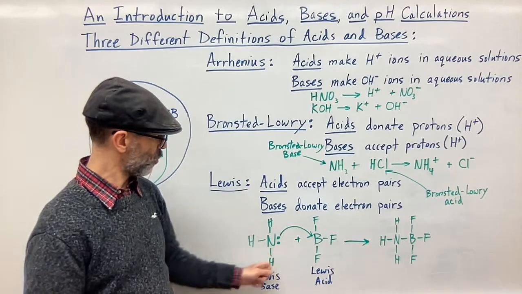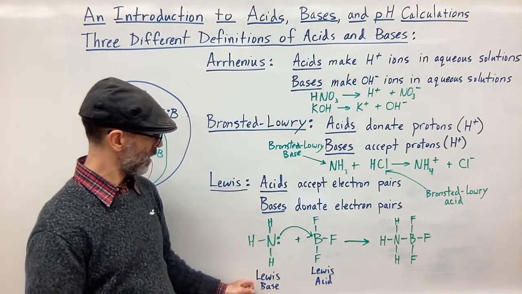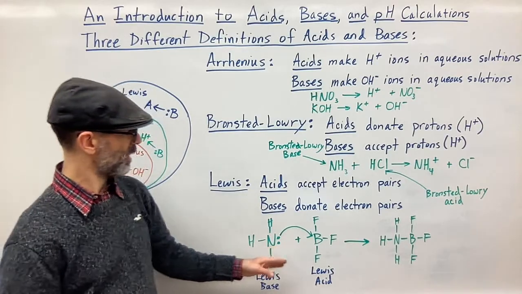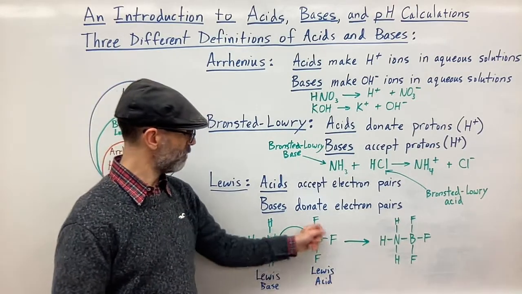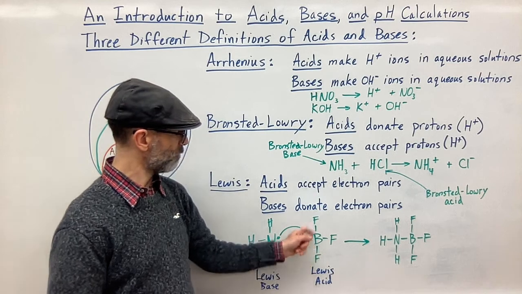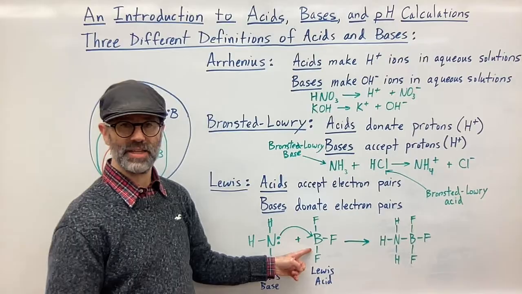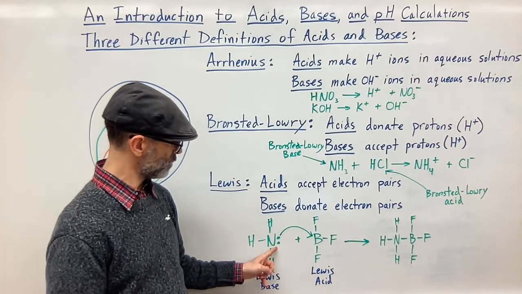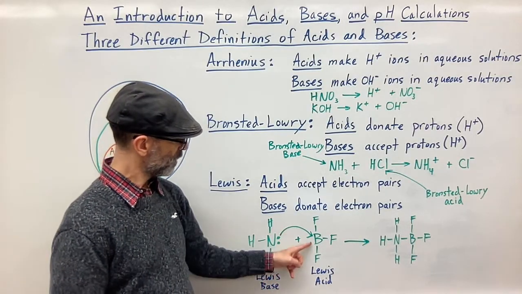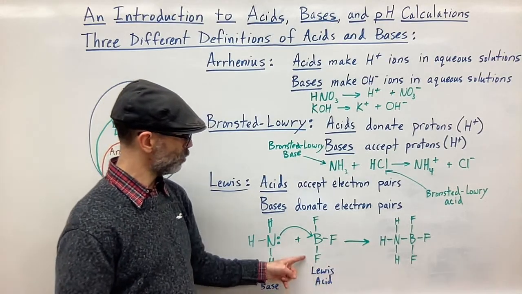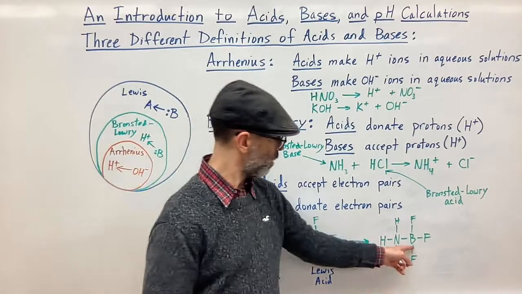So the electron donor here is your ammonia. That's your Lewis base because it's donating the electron pair. And here we have BF3, boron trifluoride. And so this is going to be the electron acceptor. It's going to accept the electrons from the nitrogen. And so here we have a Lewis acid. So the BF3 is a Lewis acid, and then they form a bond.